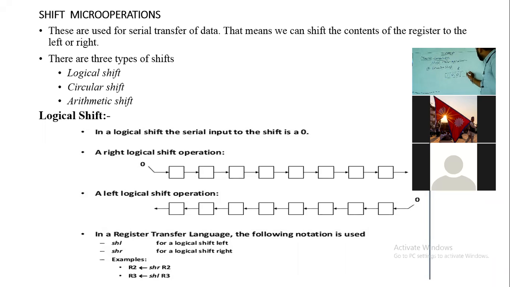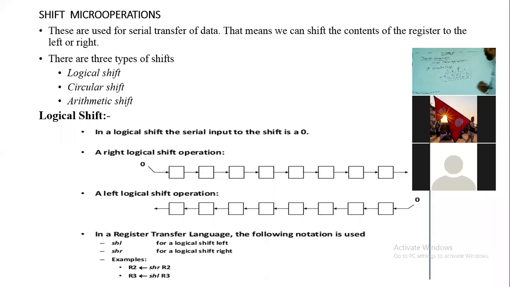The first bit is 0, 1, 2, 3. Okay, these are the positions of bits. So the first bit, if we want to perform the right operation, will shift by 1 bit. The first bit, number 0, circulates to the other end, position number 3, and this bit is shifted to this position, and this bit is shifted to this position.